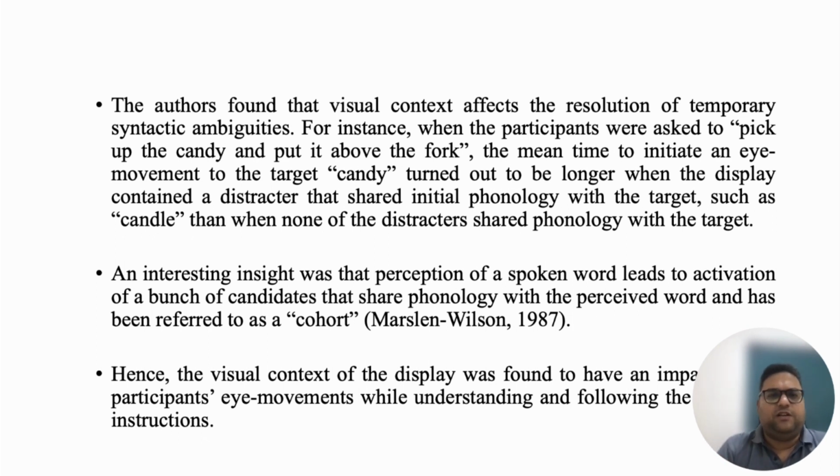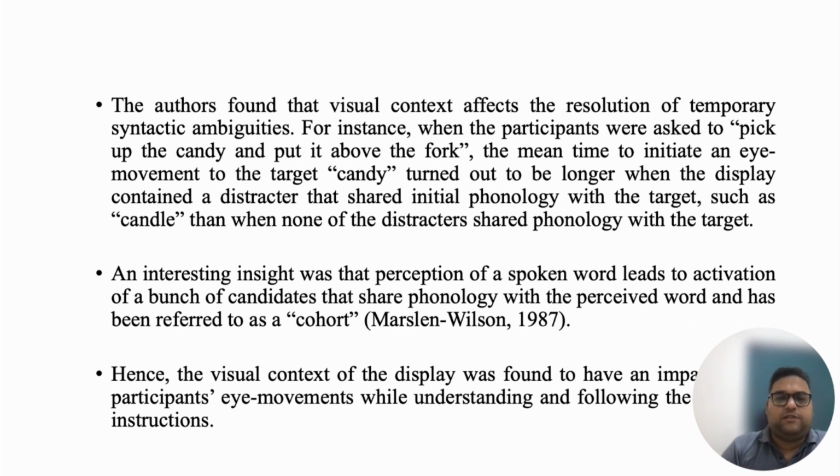Now, let's say it's a tabletop display. The mean time to initiate an eye movement to the target candy, because candy is the target object in my instructions, the mean time that the researchers will observe from the participants to follow these instructions would actually turn out to be much longer if the display contains a distractor object that shares the initial phonology with the target object.